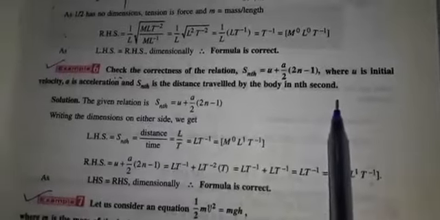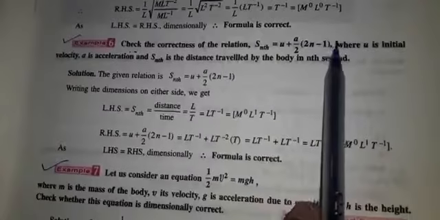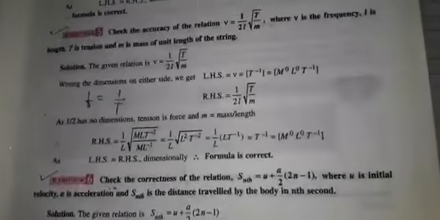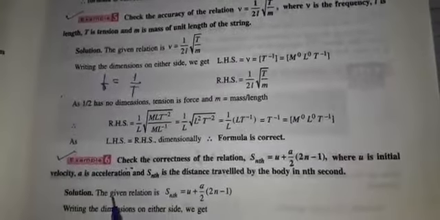Okay, nth second. So this is the relation, and if we are able to find LHS equal to RHS, then the given relation is correct. Okay, so see the solution.